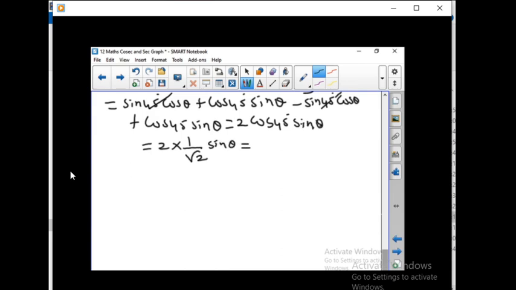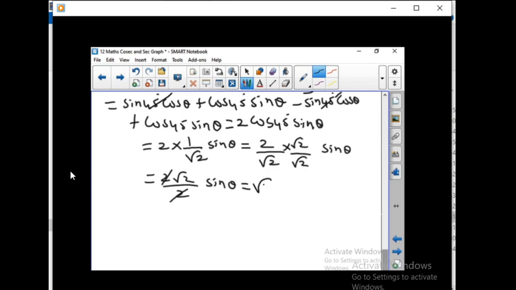Now we will rationalize the denominator. So 2 by root 2, multiply numerator and denominator by root 2, into sin theta. So numerator is 2 root 2 and denominator is 2, since root 2 into root 2 is 2. So now 2 gets cancelled. So we get root 2 sin theta, which is the right hand side.